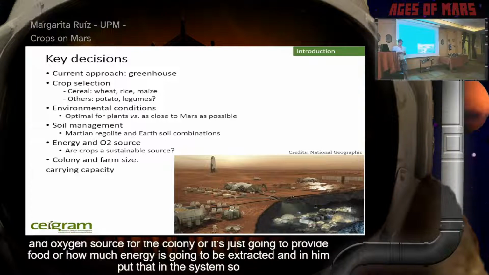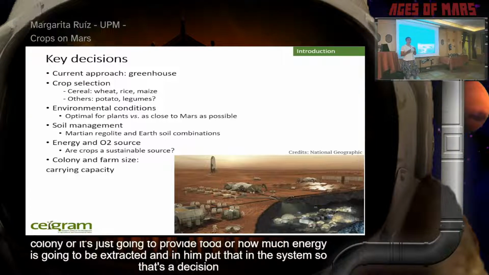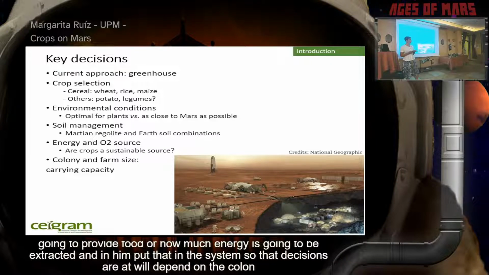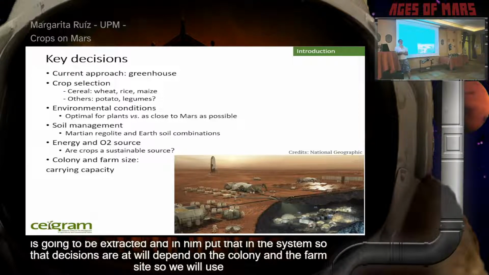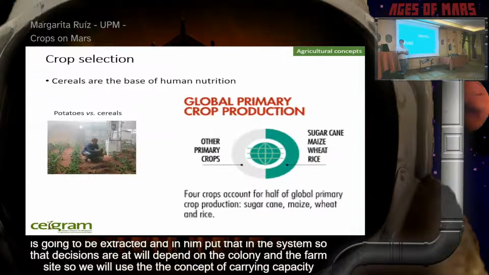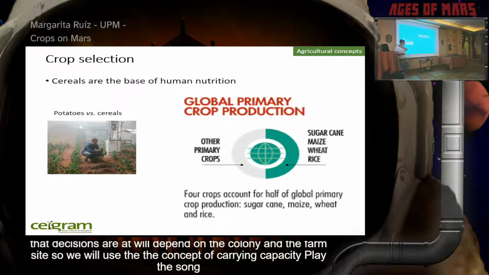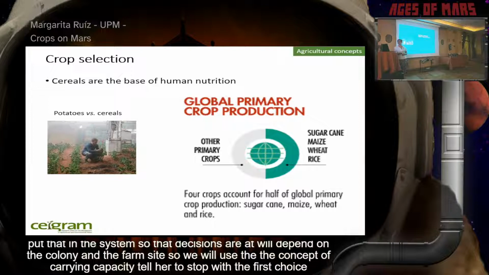So these decisions will depend on the colony and the farm size. So we will use the concept of carrying capacity. So let's start with the first choice, that is the crop selection.